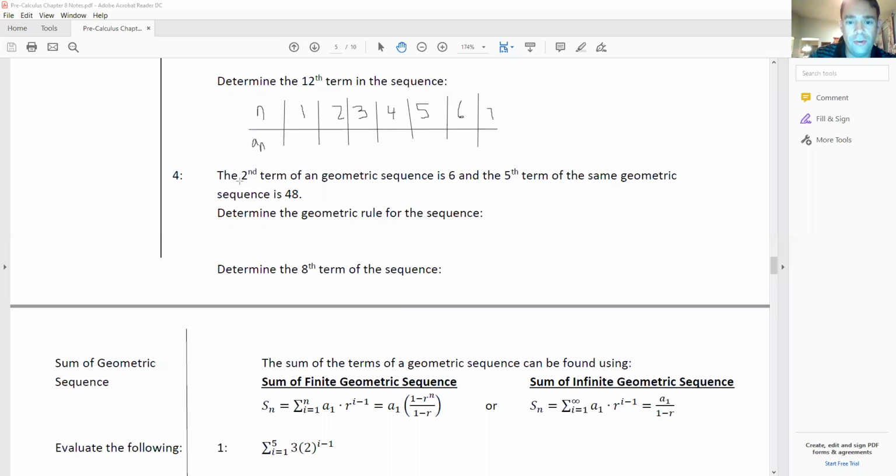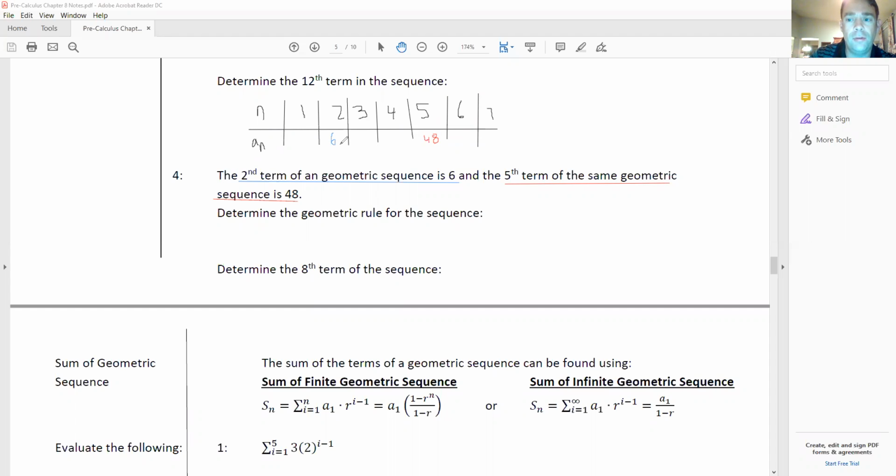I know the second term is 6. I know that my fifth term is 48. What I don't know here, friends, is what the ratio is that gets me there.